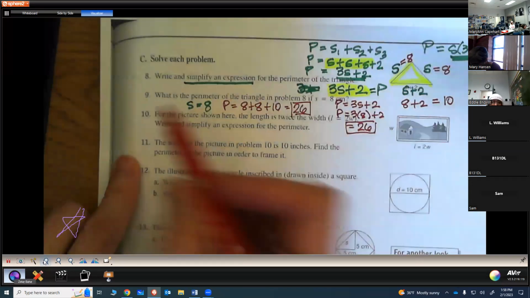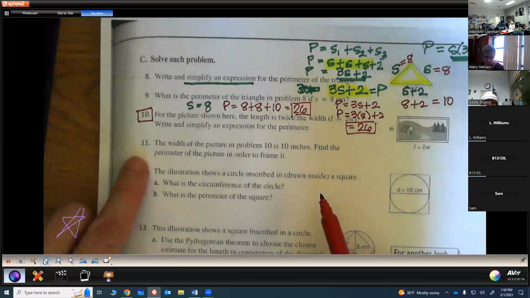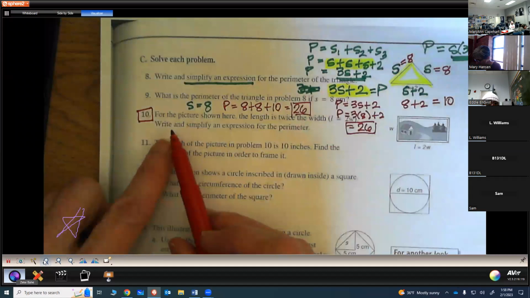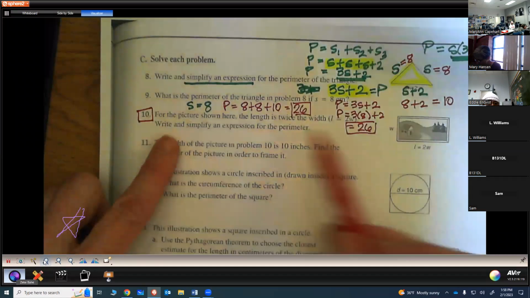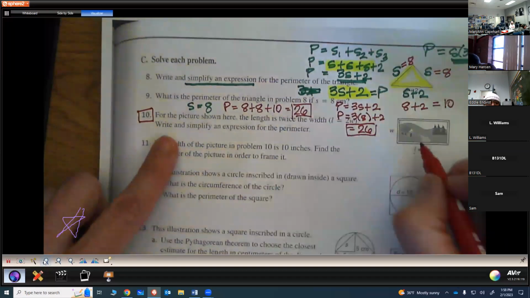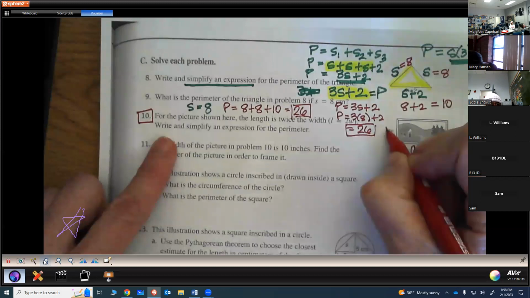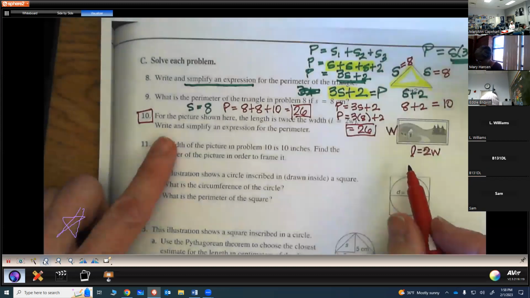All right, so you try number 10. The picture shown, that's the picture over here on the right. The length is twice the width. So let me write this a little bigger. The length is twice the width.